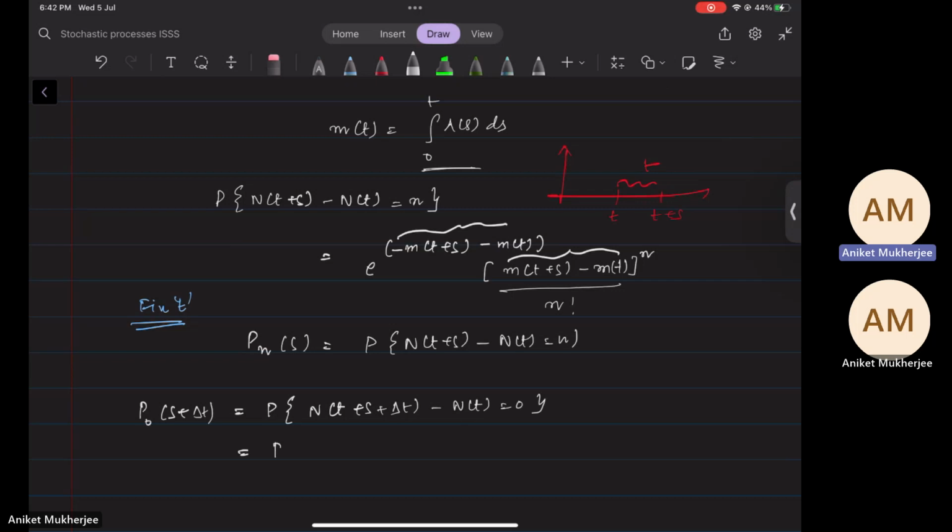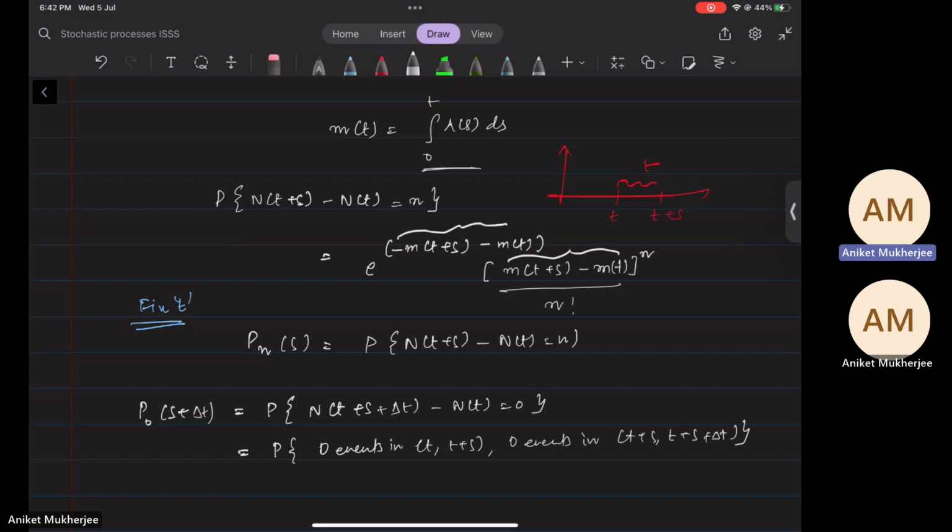Now we can split this up into intervals of 0 events in t to t plus s and 0 events in t plus s to t plus s plus Δt.